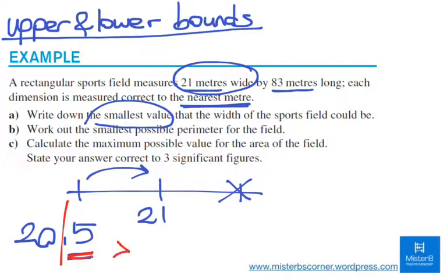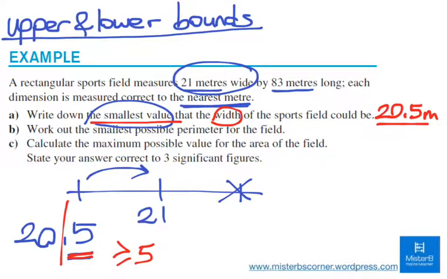So it's greater than or equal to 5, so I can round it up to 21. So the answer for part A would be 20.5 meters. What I'm saying here is that the smallest value for width is 20.5. It could be 20.6, 20.7, 20.85, I don't know. But the smallest is 20.5.